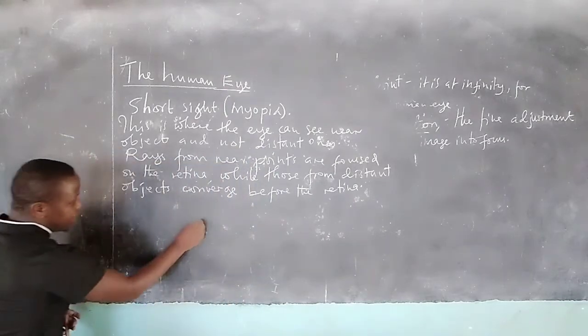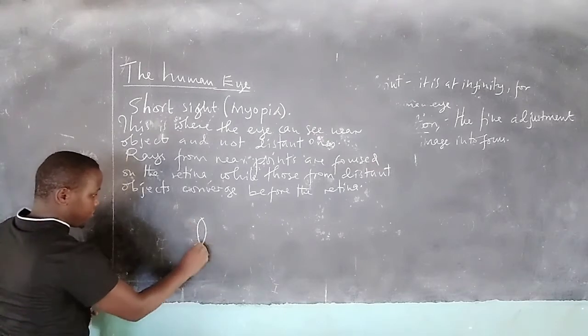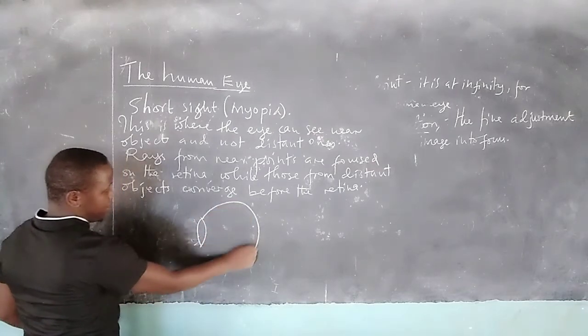Therefore, this is a human eye with a crystalline lens.